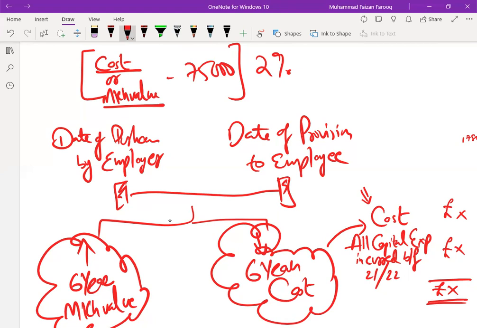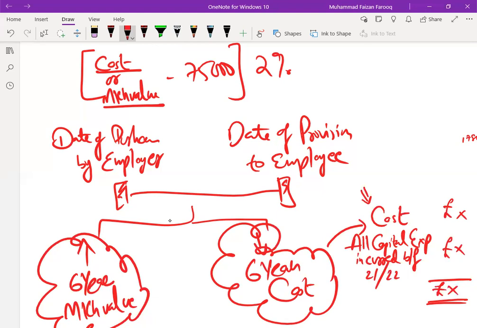Right. So tax is saying yes. When the gap between purchase date and providing is not more than 6 years, we are going to take cost. And what is the cost? The original purchase price, plus all the capital expenses, all the improvements we are going to add.